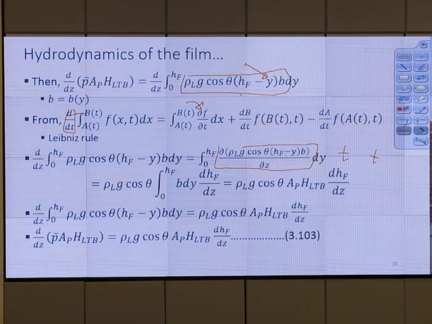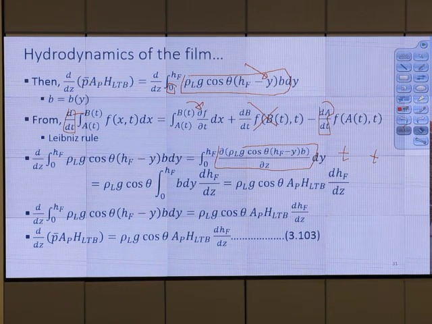So this term is gone. So dA by dt, what is A? A is 0, which is constant. The derivative of 0 with respect to z is 0. So this term is 0, which makes the second term and the third term 0. So these two are gone.